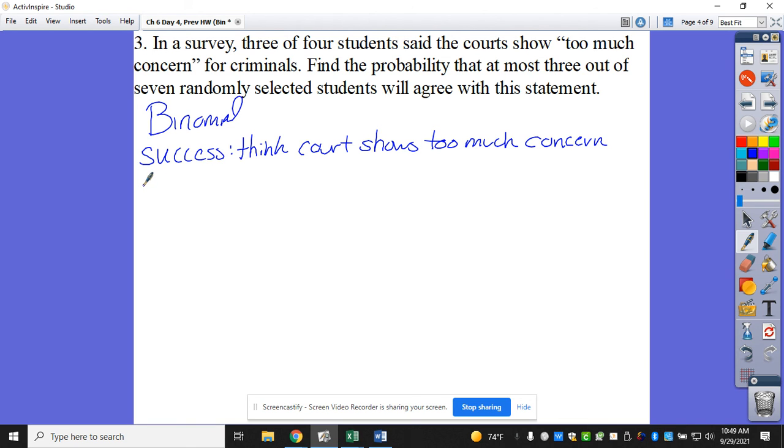What else do I need? And just because I've been writing it that way, how many am I going to test? What's my probability of getting this? 0.75. 3 out of 4, you can write it either way, but that's where that comes from.